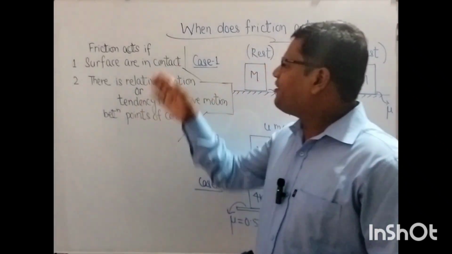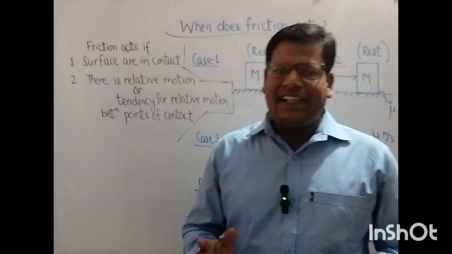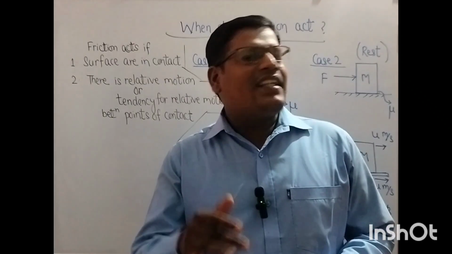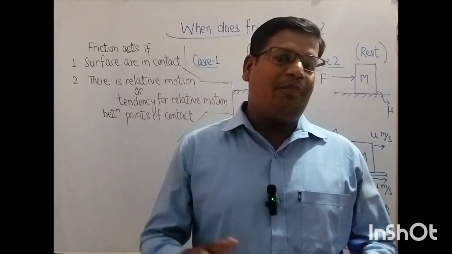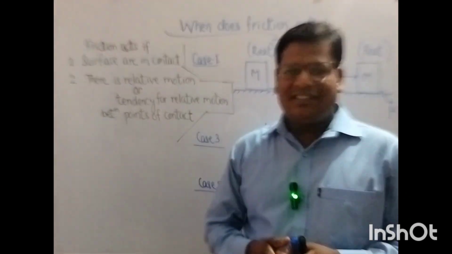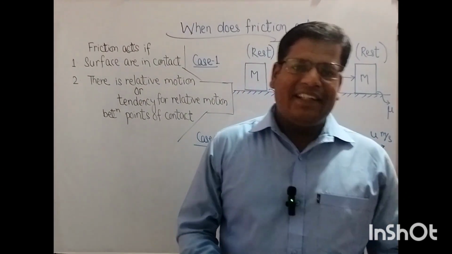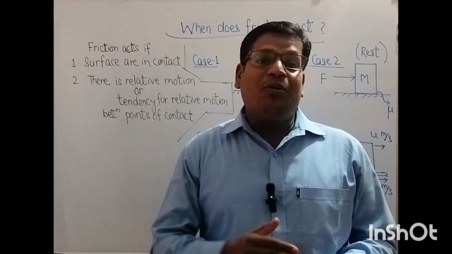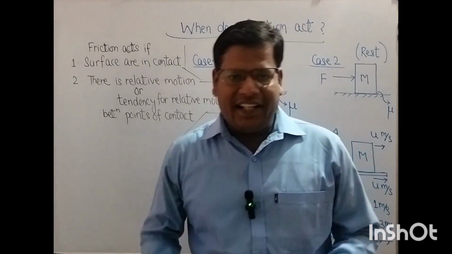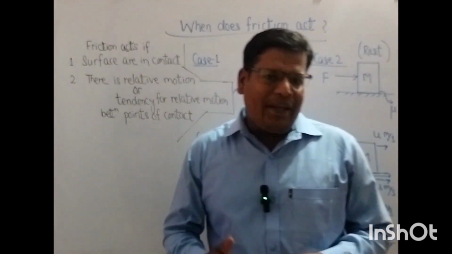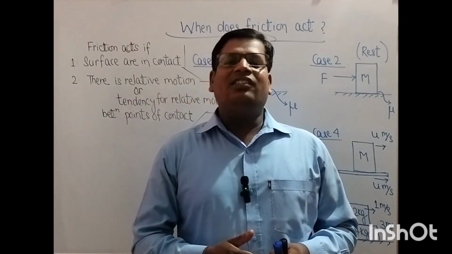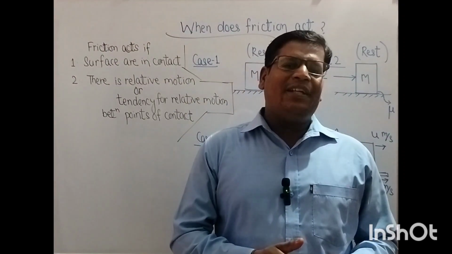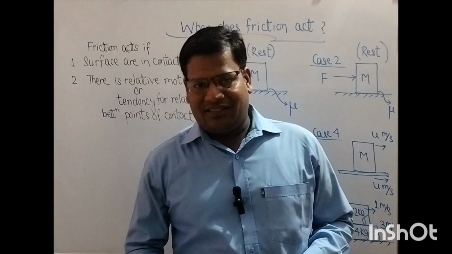Friction acts when these conditions are satisfied. So friction acts when the surfaces are in contact and the surfaces should be rough. This is my first point. This everyone understands. The confusion comes when we don't check the second condition. The second condition is there should be either relative motion or tendency for relative motion between the points of contact.